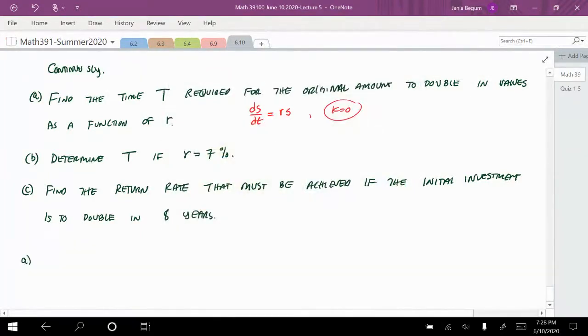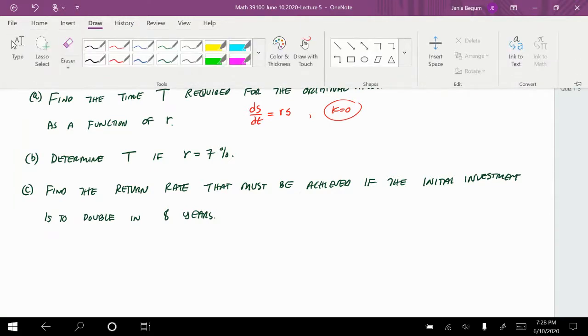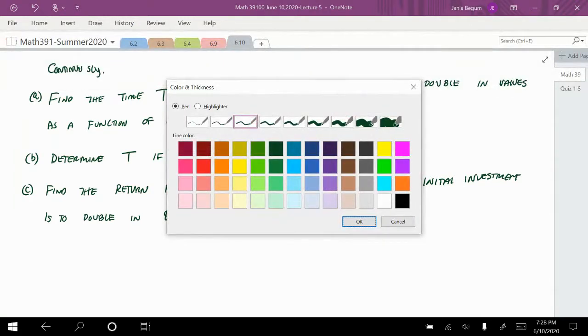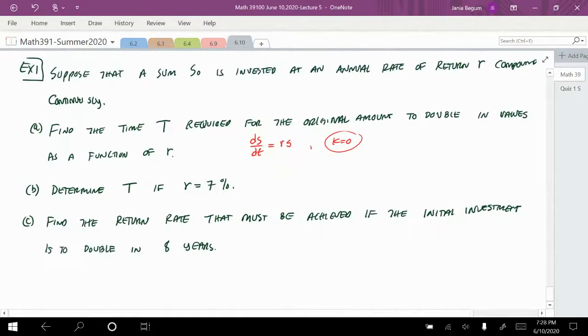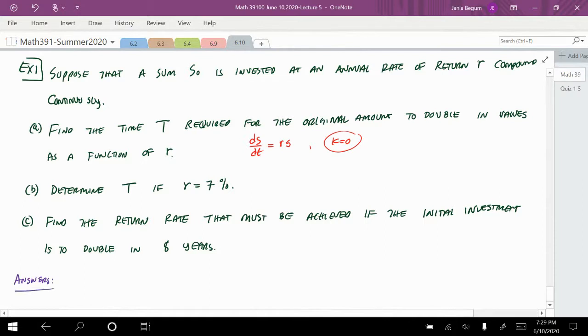So for part A, so maybe I should use a different color, right? I'll give you guys a few seconds just to understand the problem. So we're working with the model ds dt is equal to r times s.